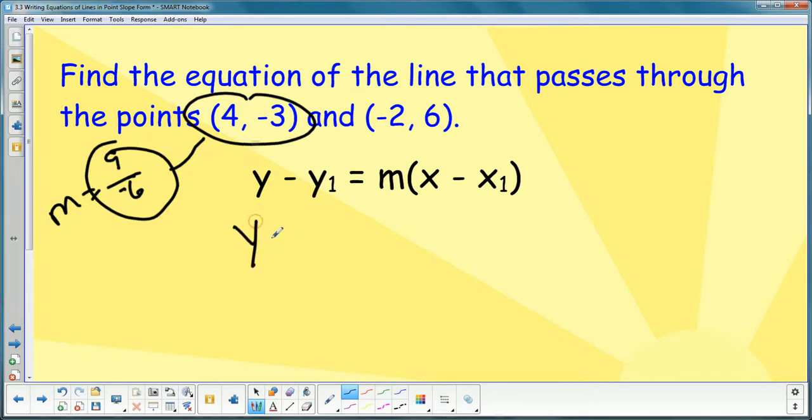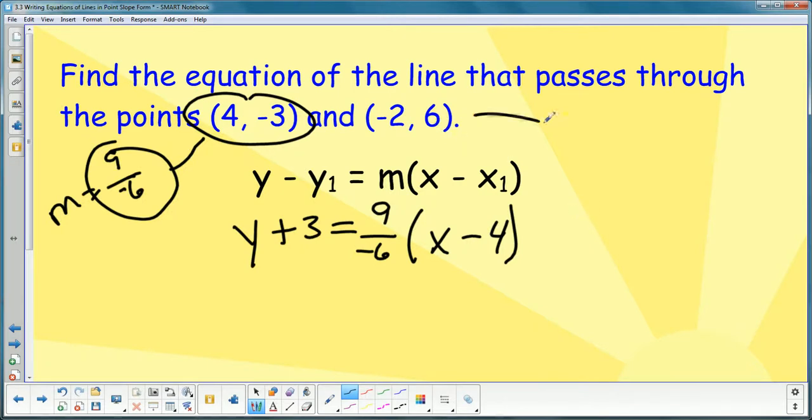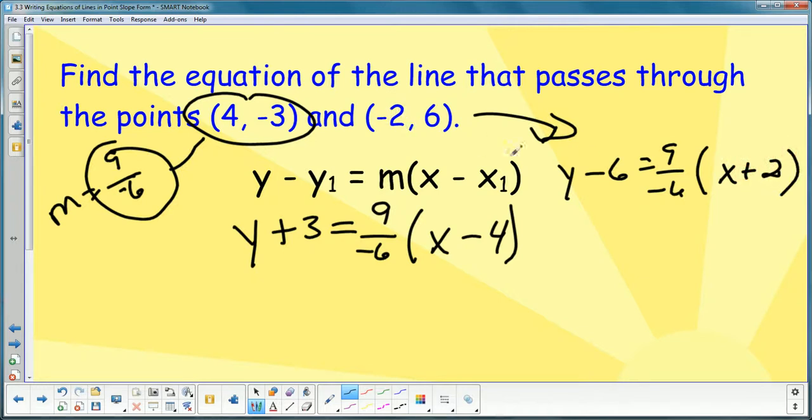So I'm going to say y minus a -3 is the same thing as y plus 3 equals, I'm going to change my m to 9 over -6, and then x minus my x value in the point is 4. Okay, this would be the same as if I used this point instead, except for I would write it as y minus 6 equals 9 over -6, and then x plus 2 because it's a negative here.